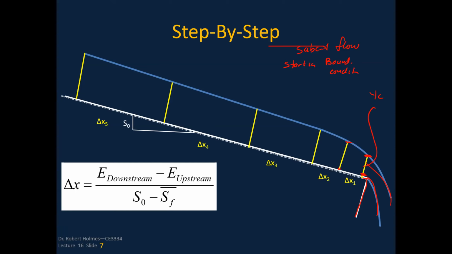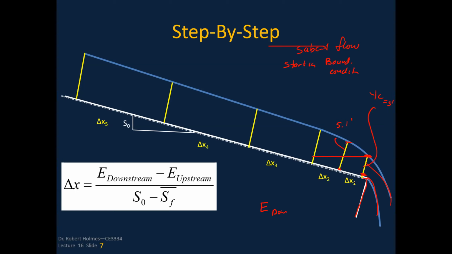Then I can calculate the specific energy, E downstream there. That's why it's important to know something about the water surface profiles and what they should be. I know that this depth should increase, so I can just assume upstream here, just to give some numbers, let's say it's 5 feet. And so I go upstream and say, okay, here is 5.1 feet.